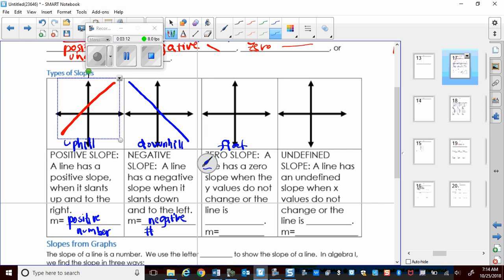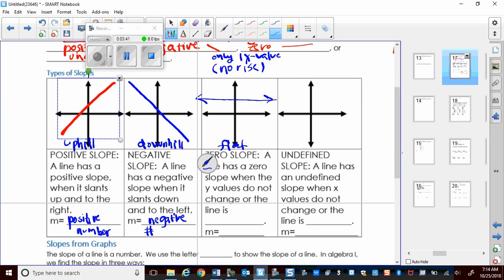We're going to make another note. No rise. Another note, only one y value. So what does that mean? If I have a line that's horizontal, it goes from left to right, this line has a zero slope, okay? The y values don't change. There's no rise.